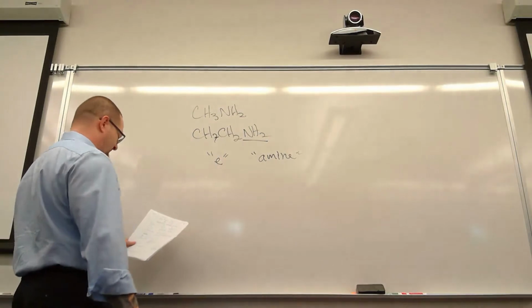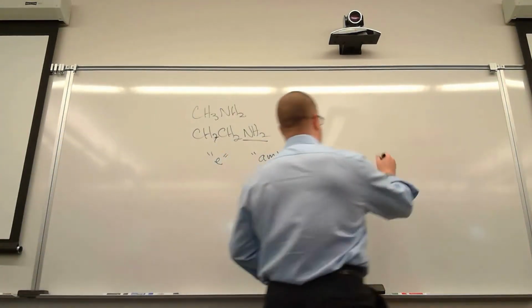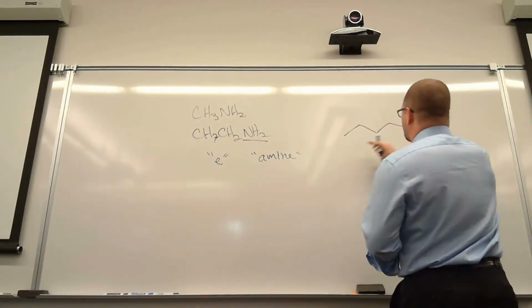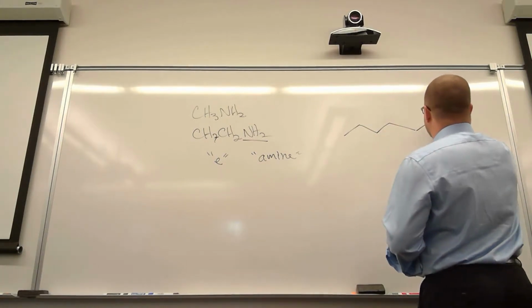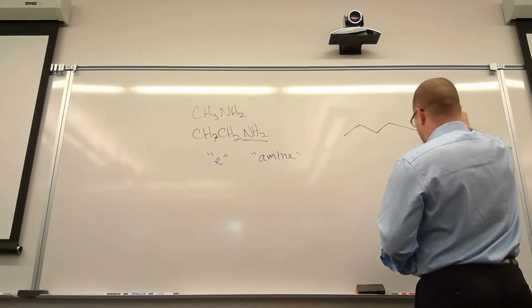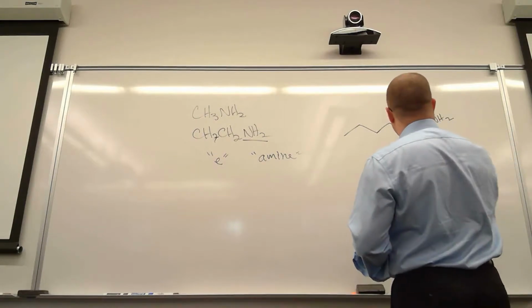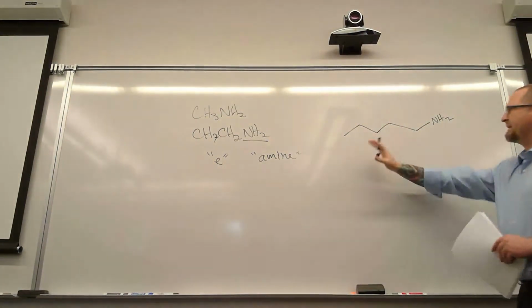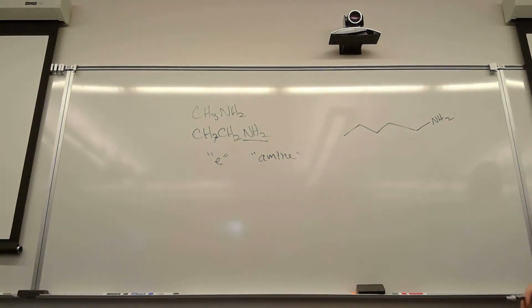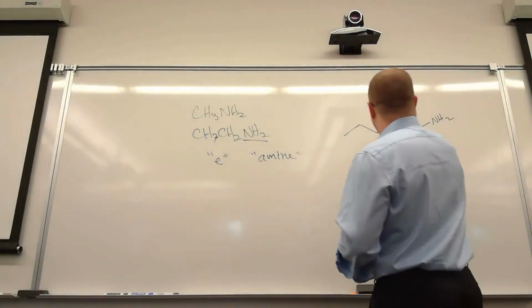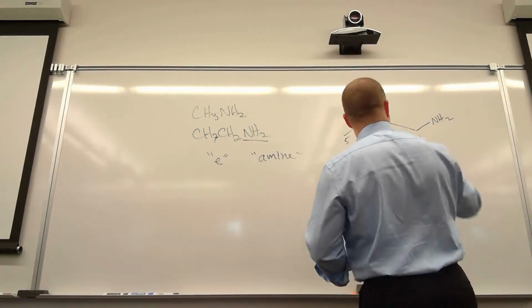And we could do this pretty much exactly like with alcohols. 1, 2, 3, 4, 5. We would number from the side closest to the functional group, which has the longest chain that includes the functional group. In this case, 1, 2, 3, 4, 5.